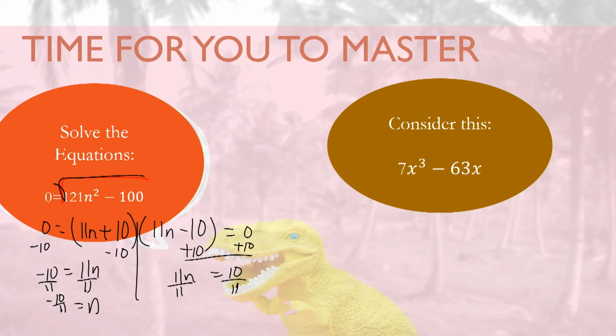Divide by 11. So my n over here is positive. So for me to put my answers would be negative 10 over 11, comma, positive 10 over 11.